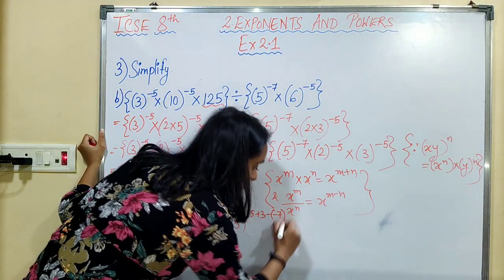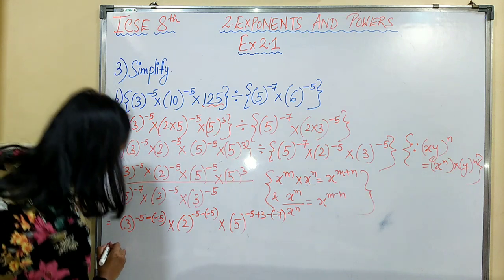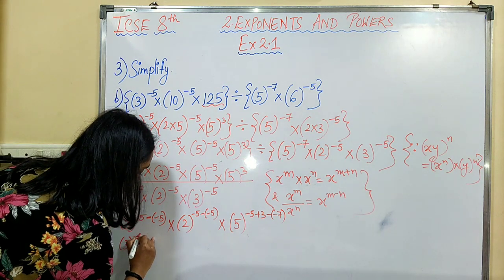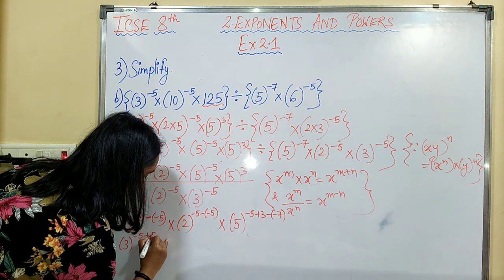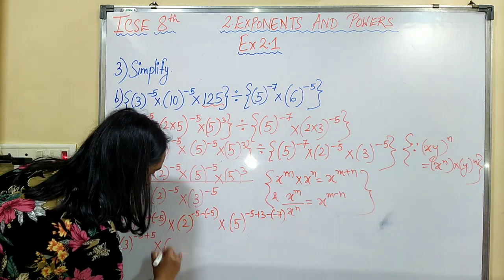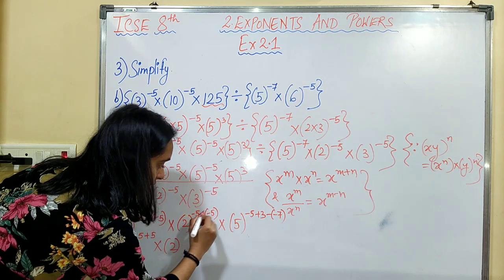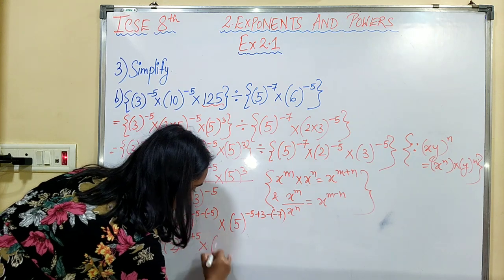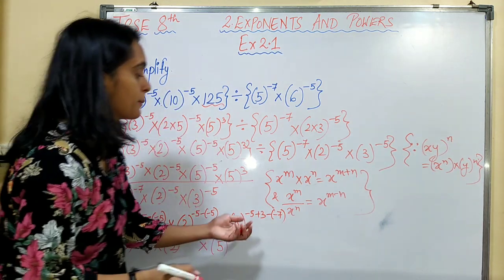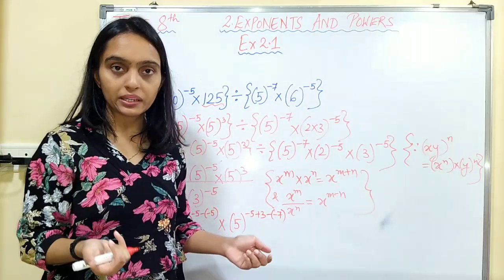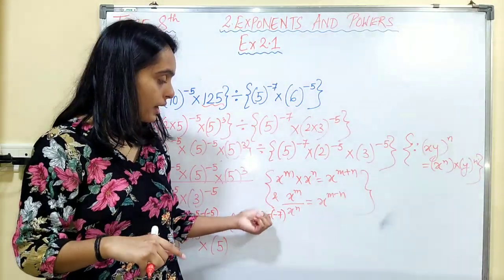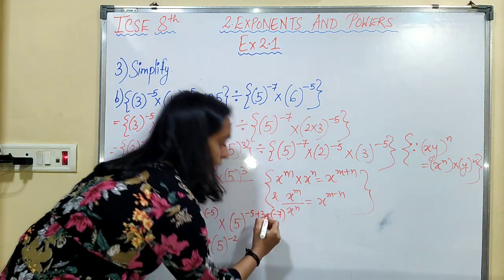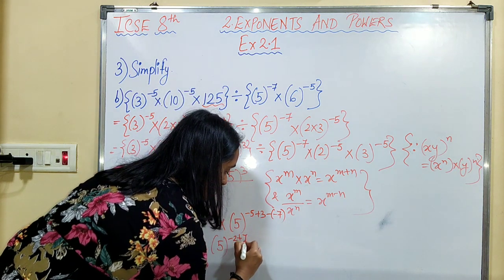So you get 3 raised to minus 5 plus 5, minus minus is plus, multiplied by 2 raised to minus 5 plus 5, multiplied by 5 raised to minus 5 plus 3 is minus 2, and minus minus is plus, so plus 7.